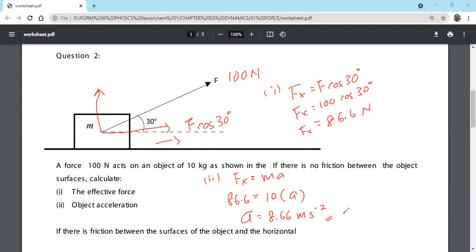Get it? Okay, now we go to the next question.